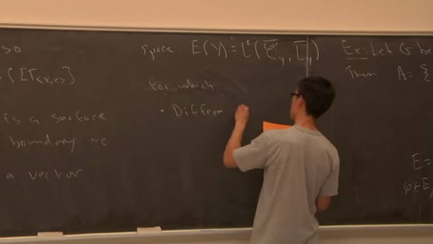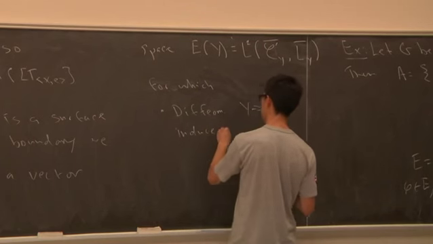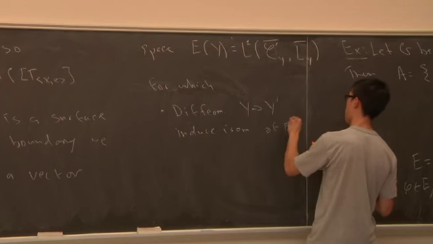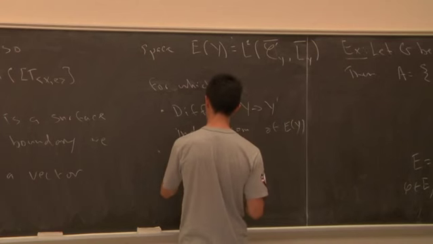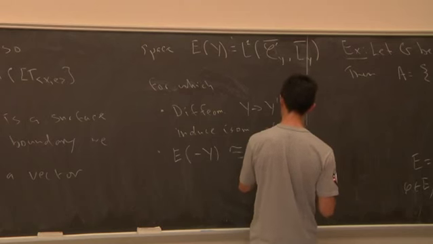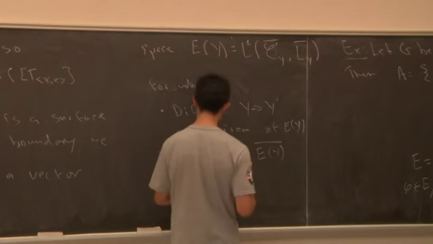Diffeomorphisms, say y to y prime, induce isometries of E of y. So what else might you want? E of minus y is just E of y bar, and has this additivity thing.